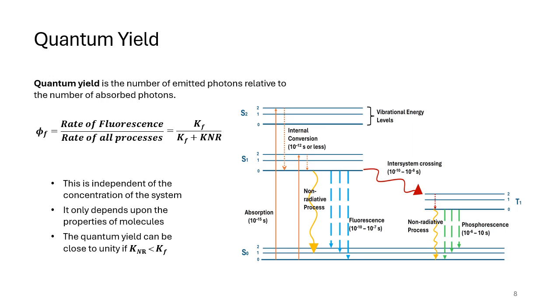And quantum yield is the ratio of this rate of fluorescence to the rate of fluorescence plus the rate of all the non-radiative processes. Now this quantum yield parameter is independent of the concentration of the system, and it only depends upon the properties of the molecules.